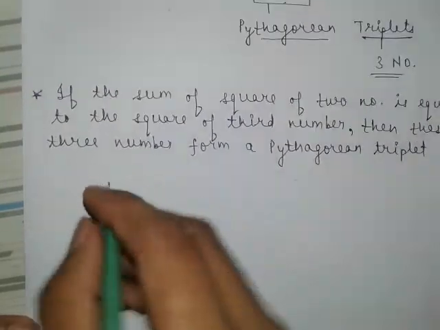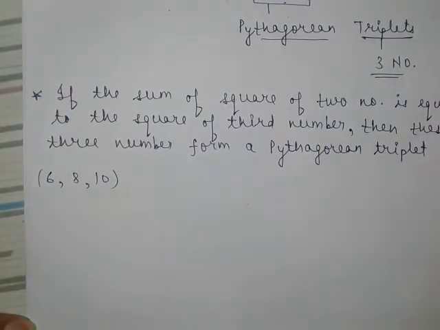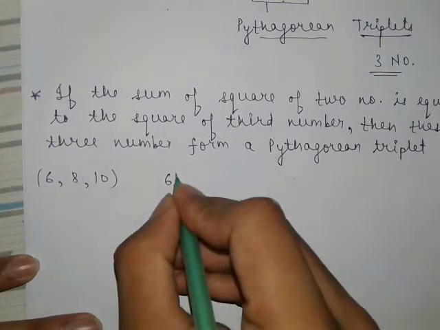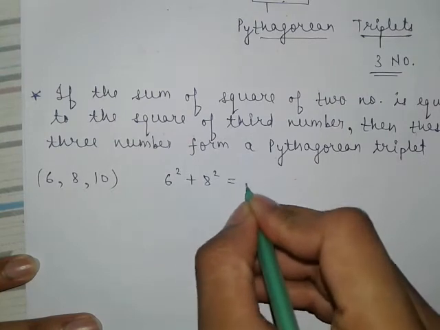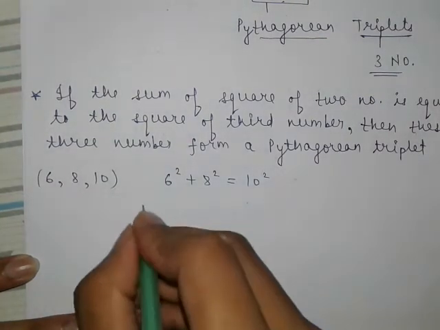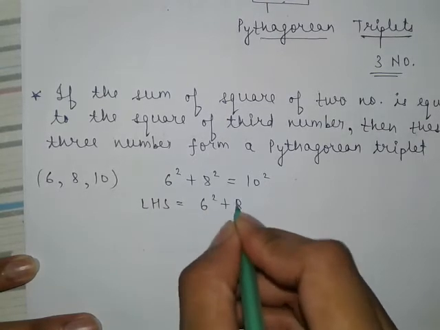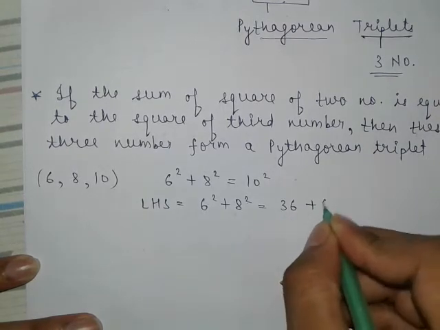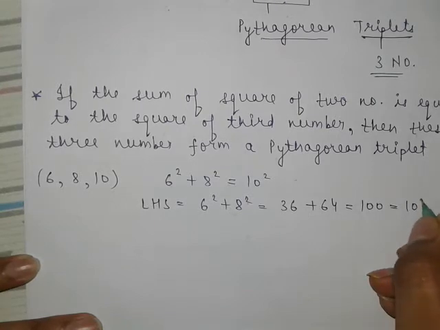Let us take another example, 6, 8, 10. Let us check whether it is a Pythagorean triplet or not. You have to take the sum of squares of the two smaller numbers, and it should be equal to the square of the third number. So the LHS is 6 square plus 8 square; 6 square is 36, 8 square is 64, it will become 100. And 100 is the square of 10.